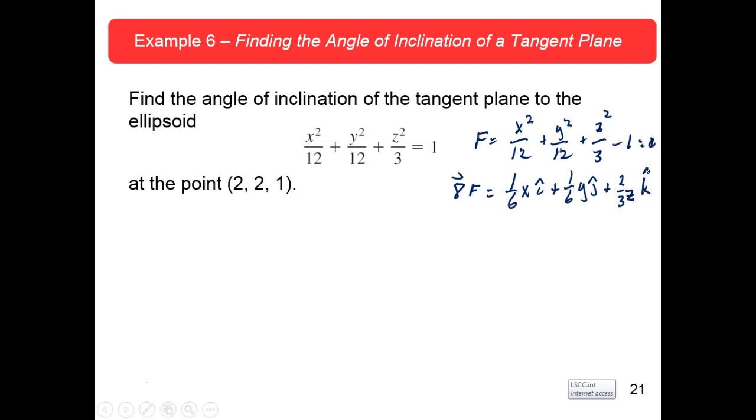Okay, there's your gradient at any point x, y, z. Okay, we want it at this point. So the gradient of f at 2, 2, 1 is going to be what?